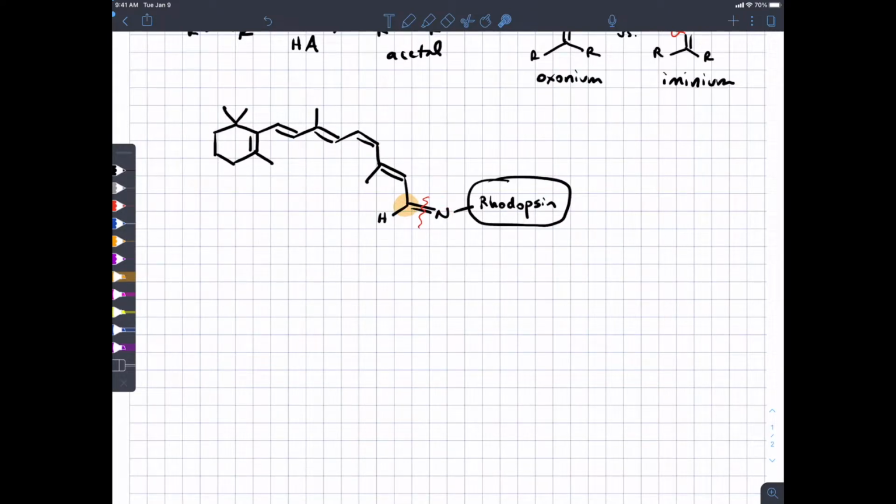All right, so this is a case where imine formation is actually good and intended. This large aldehyde or large functional group is embedded in the core of rhodopsin, which is an integral transmembrane protein.